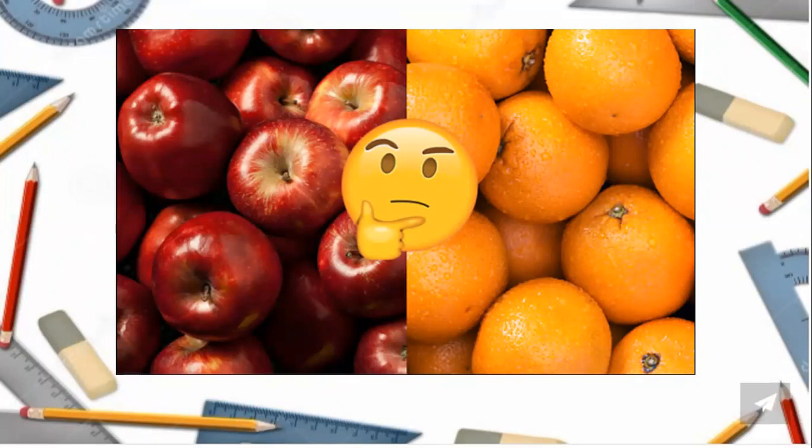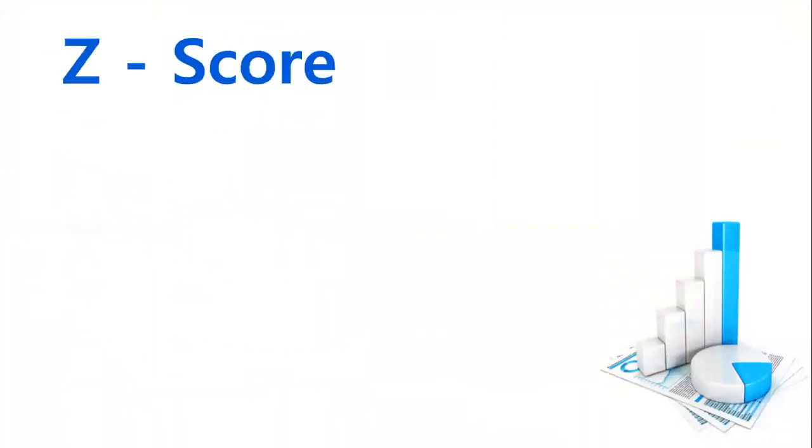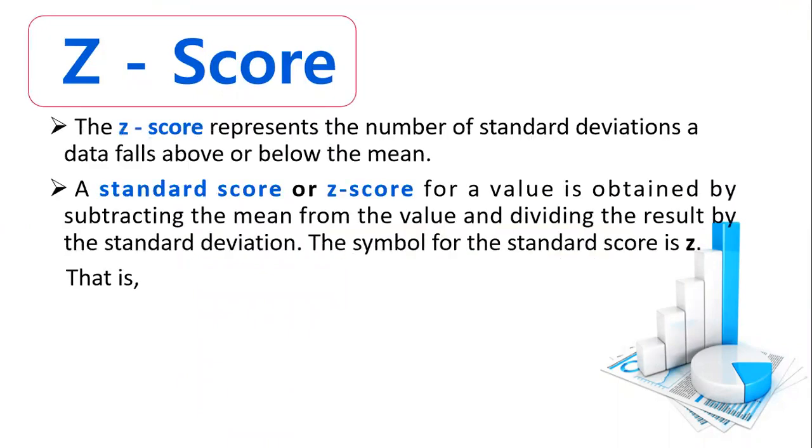However, a comparison of a relative standard similar to both things can be made. This comparison uses the mean and standard deviation, and it is called the z-score or the standard score.